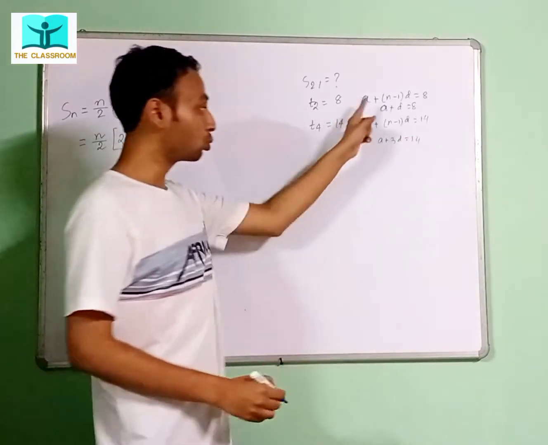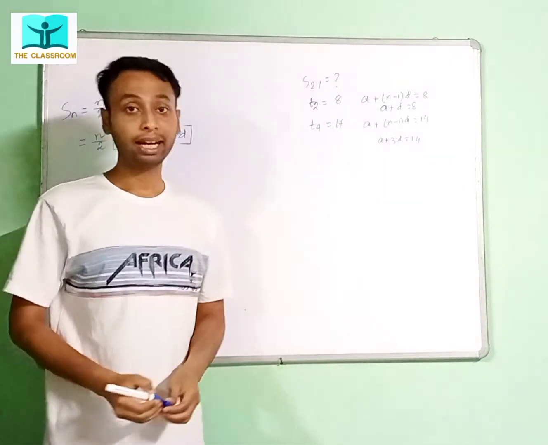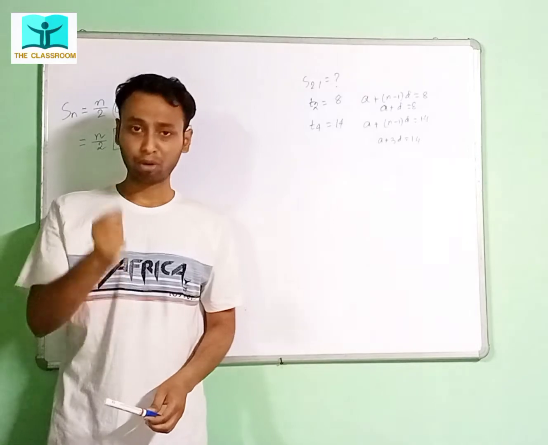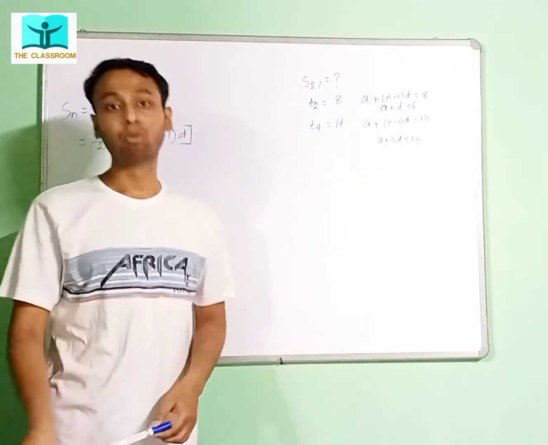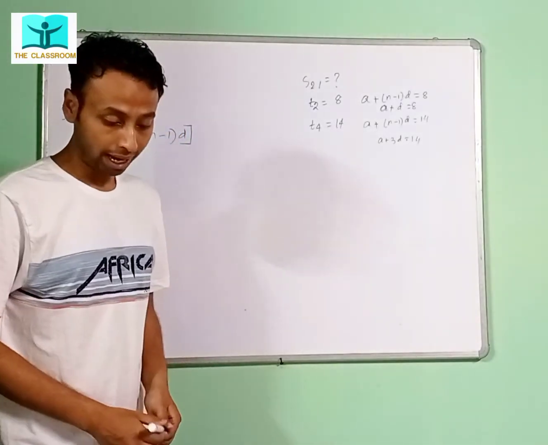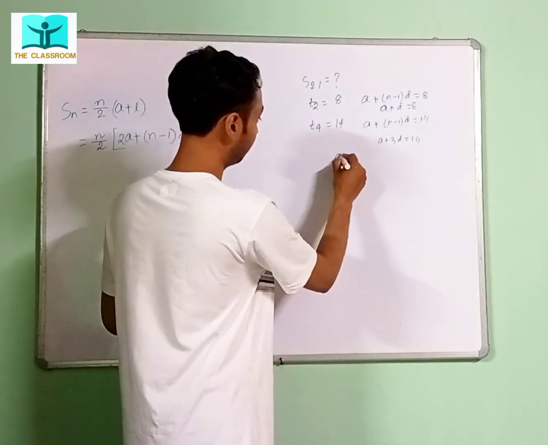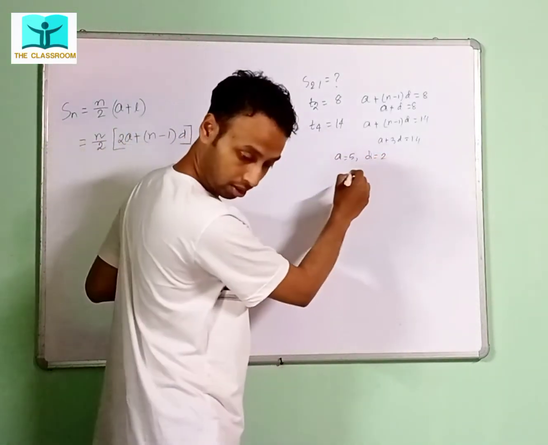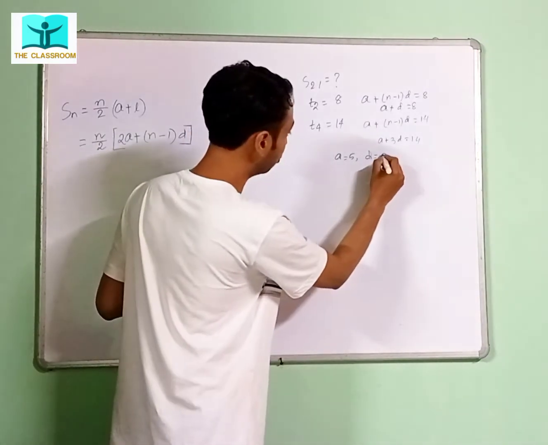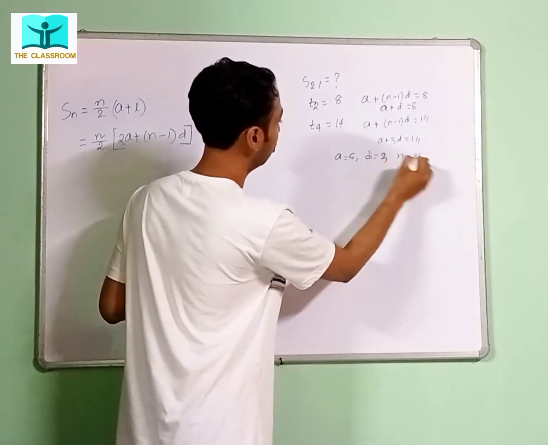If we solve these two equations, we get the values of a and d. What are the values? A equals 5, d equals 3, and n equals 21.